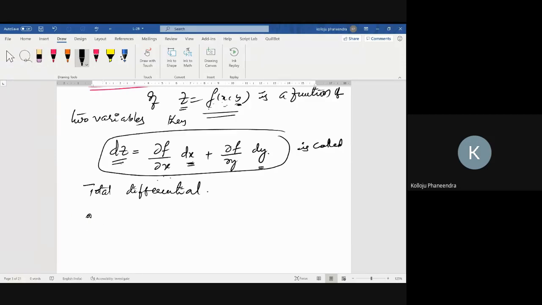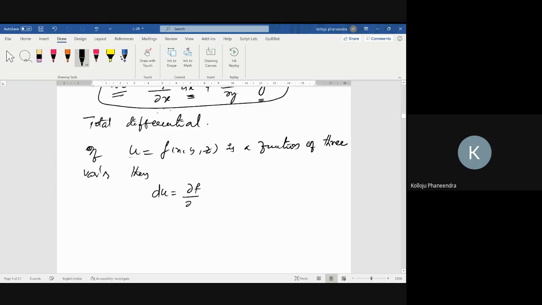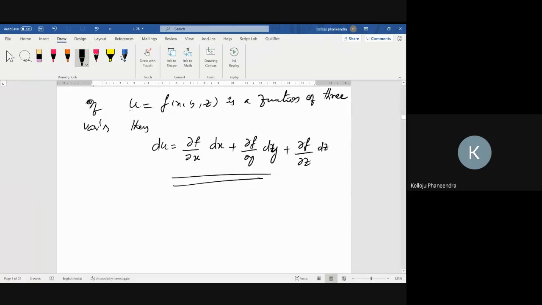If u equal to a function of x, y, z, a function of three variables, then in place of z, u is here, so du equal to first f derivative with respect to x and total derivative dx, f derivative with respect to y, total differential dy, and f is also a function of z and its total differential dz. This is for a function of three variables. You can extend it for n variables also.